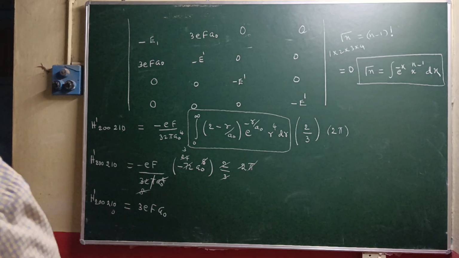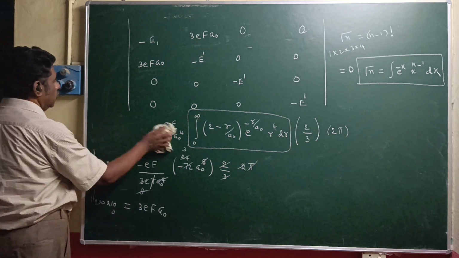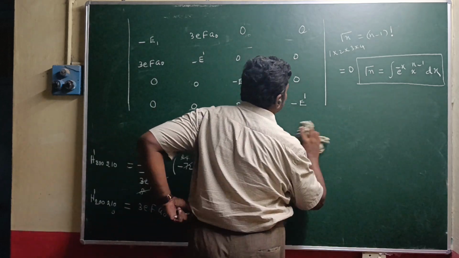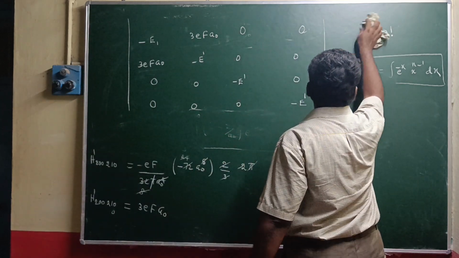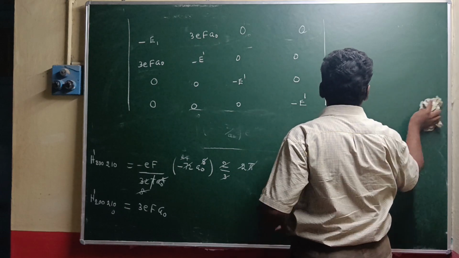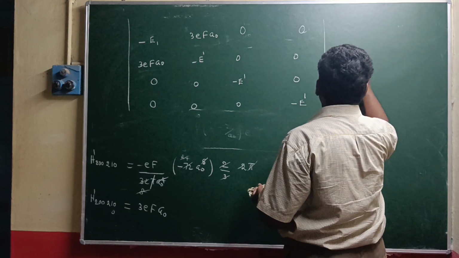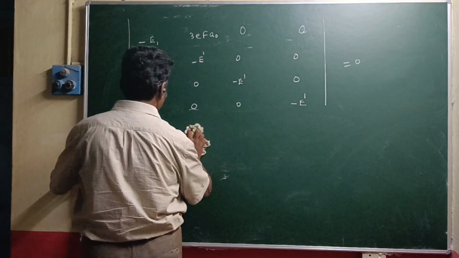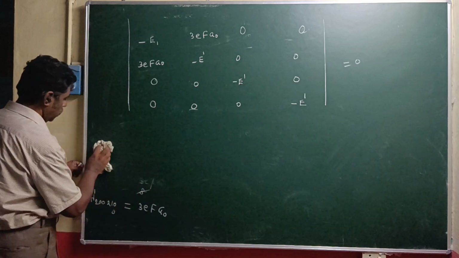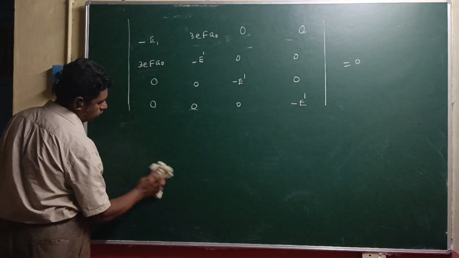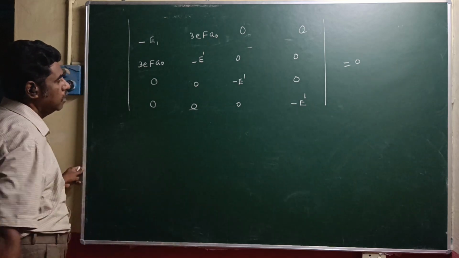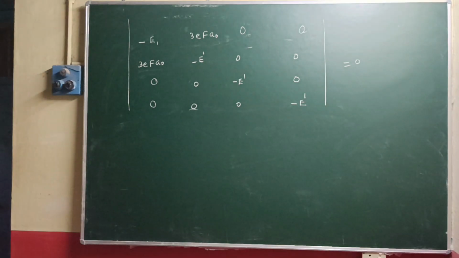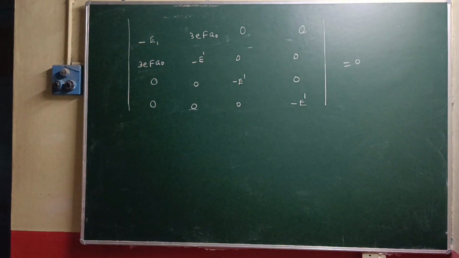For that, consider this determinant, which is equal to 0. This is a 4 by 4 determinant. To solve it, we have to reduce it in terms of 2 by 2.